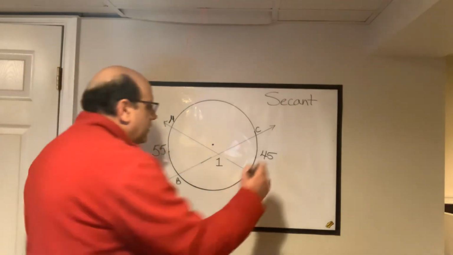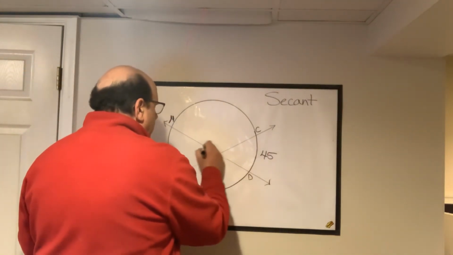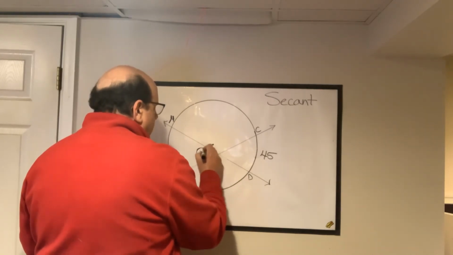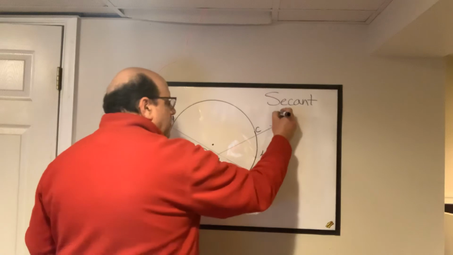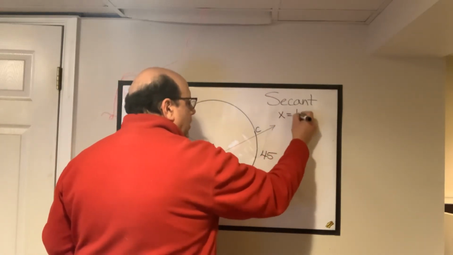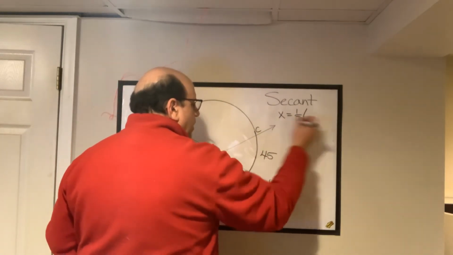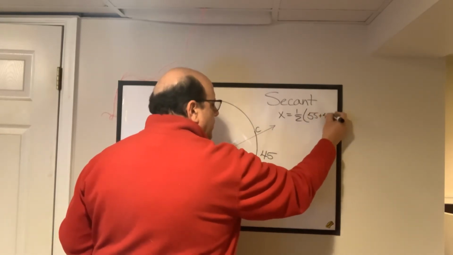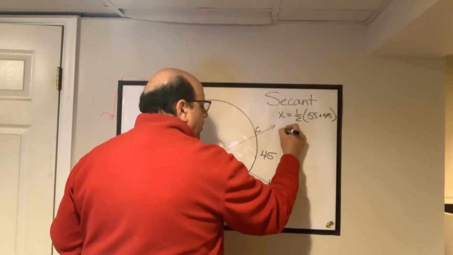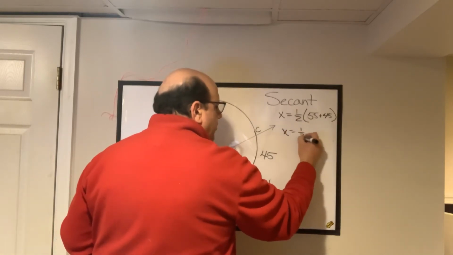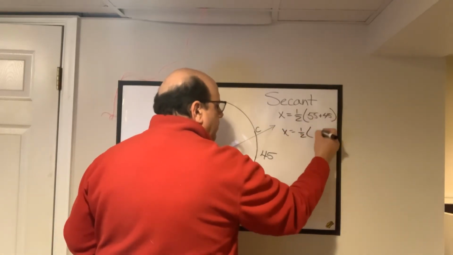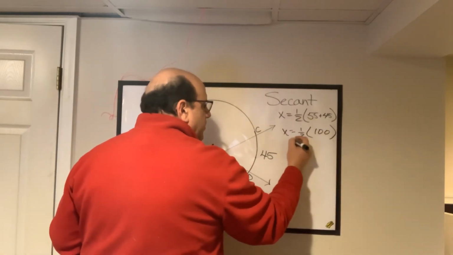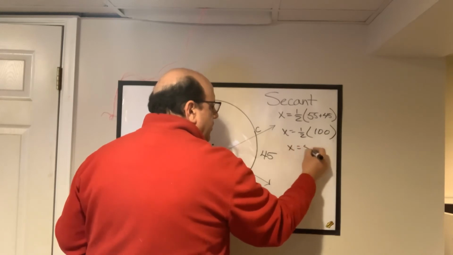We just say that this angle here, and I'm going to call it angle X for now, I'm going to say that X is equal to 1/2 times the sum of 55 and 45. And then I'm going to start to solve. So X is equal to 1/2. What is that? 100 again? Oh, what am I doing? Me and my hundreds. Okay, so X is equal to 50.